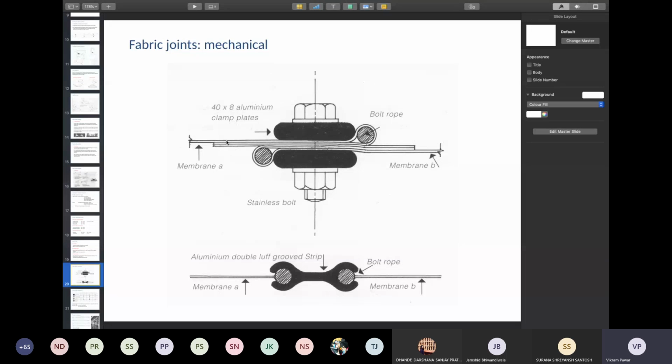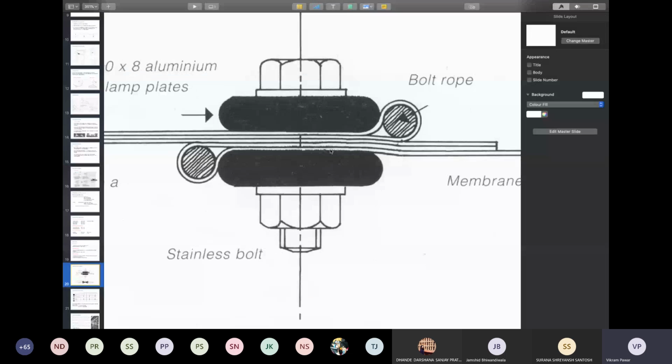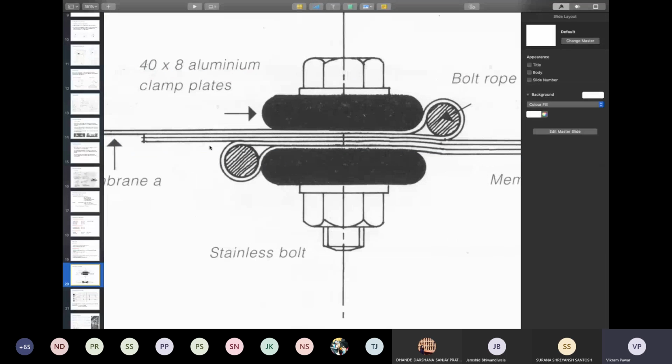So when two fabrics are joined, please observe this very carefully. One fabric comes over here and rotates around the bolt rope. This fabric is going to be pulled in this direction, and this membrane is going to be pulled in the other direction.